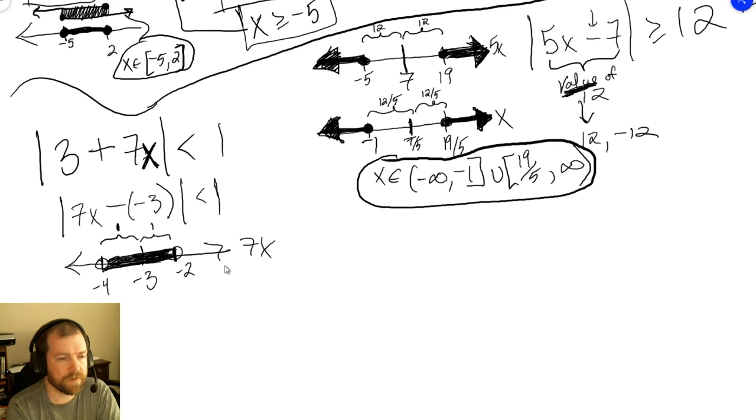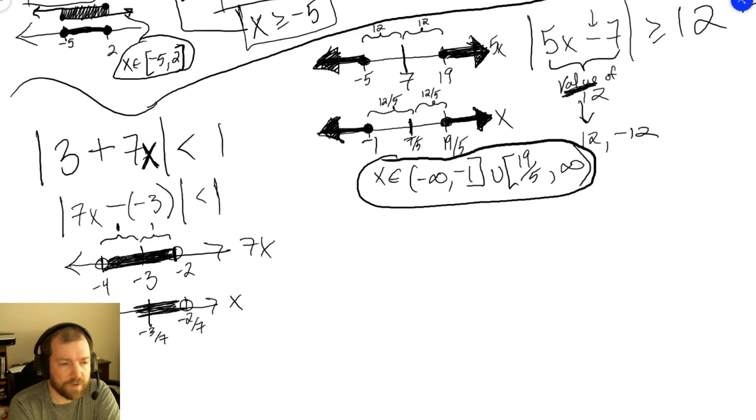And then here, this is again 7x, not x. So we have to divide everything by 7. So this is negative 2/7 with an open circle and shaded inward. This is a negative 3/7. We don't technically need to write this because it's just a solution.